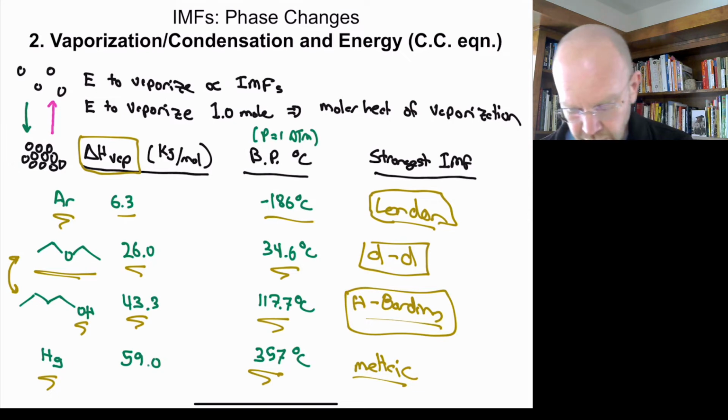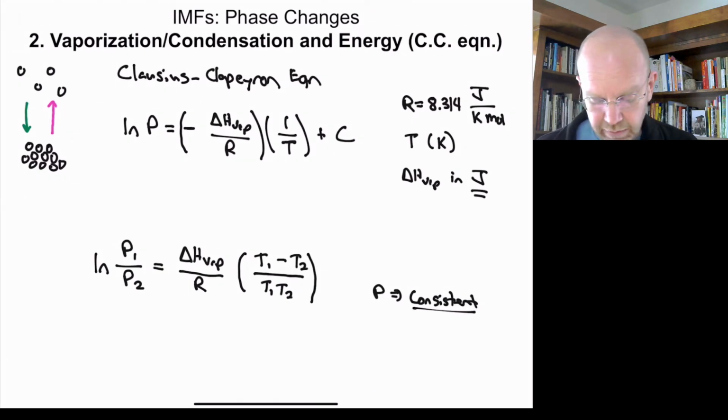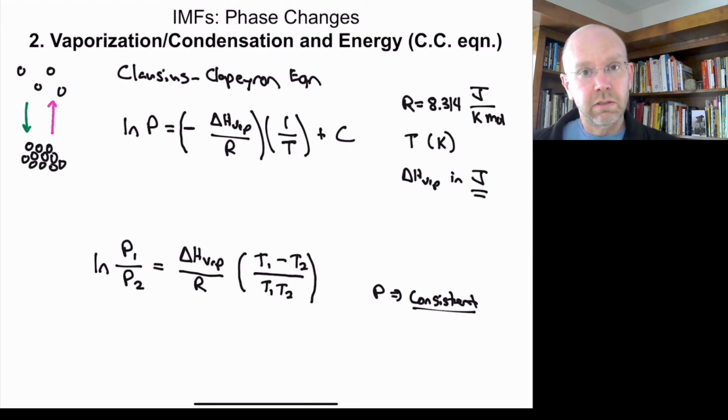Okay, so now let's talk about the Clausius-Clapeyron equation. The Clausius-Clapeyron equation is a mathematical way of expressing this idea that there's a relationship between pressure and temperature, right? So as the temperature goes up, when we heat up a liquid, we expect that the pressure of that liquid is going to increase, right? And so this is the relationship Clausius and Clapeyron figured out.